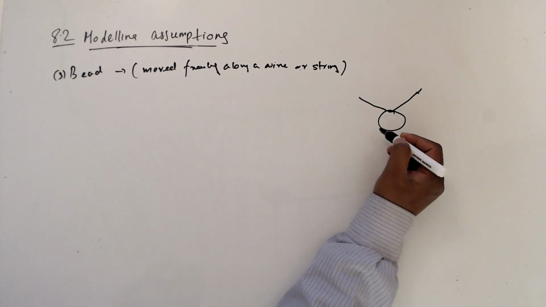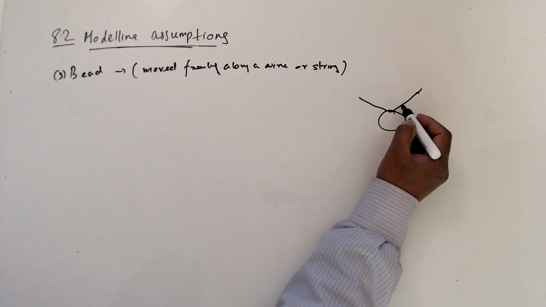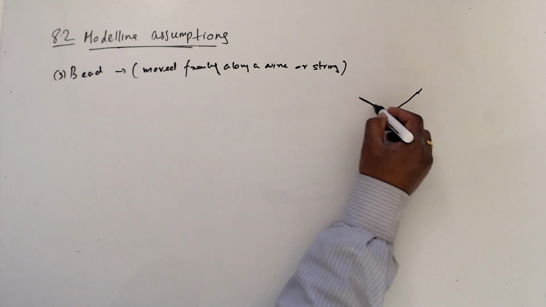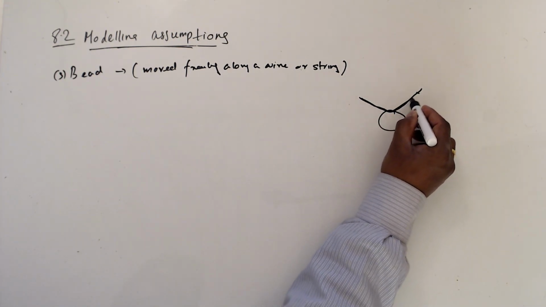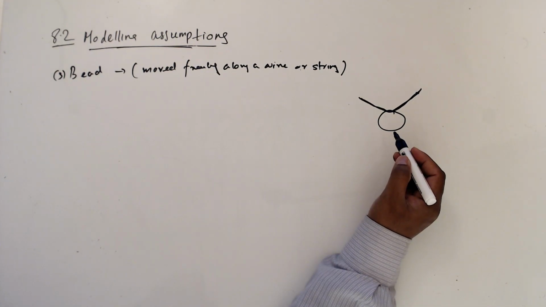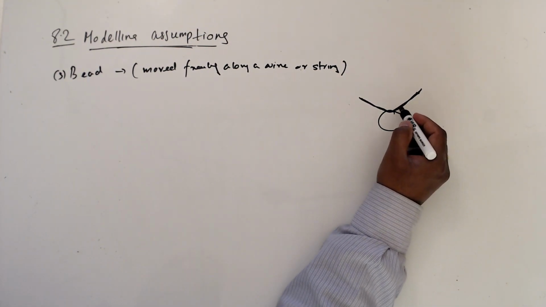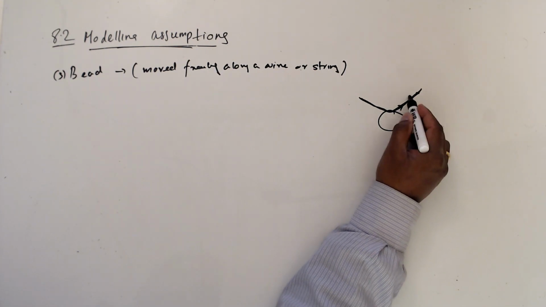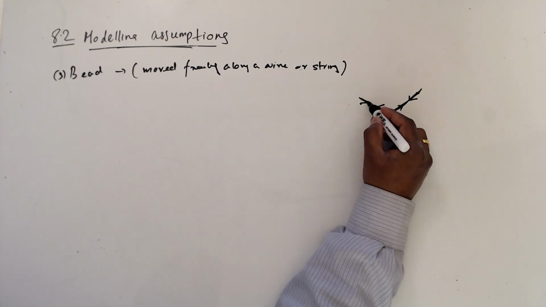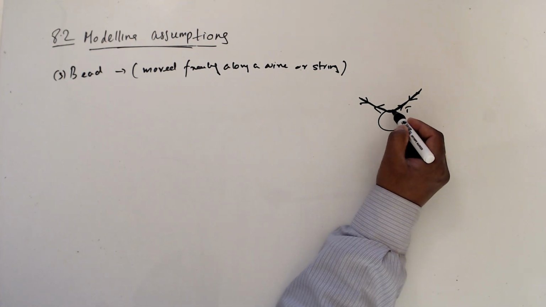The important thing is here: because of this weight, the wire or the string creates a tension, and the tension is the same before this point and after this point.